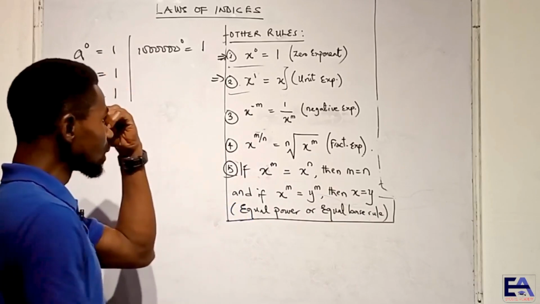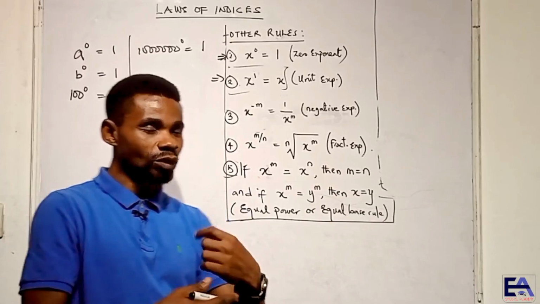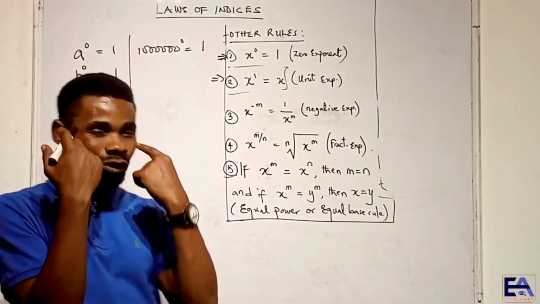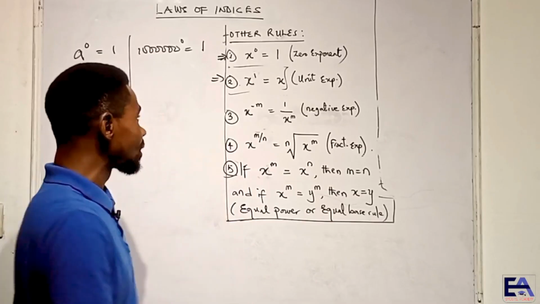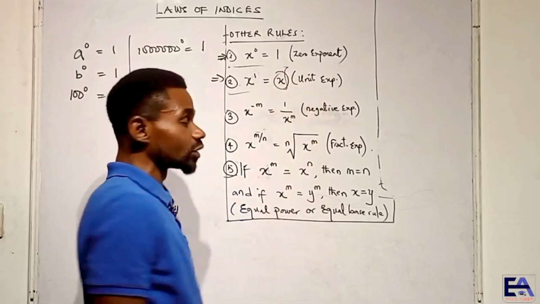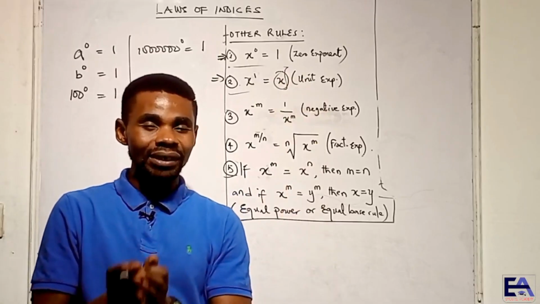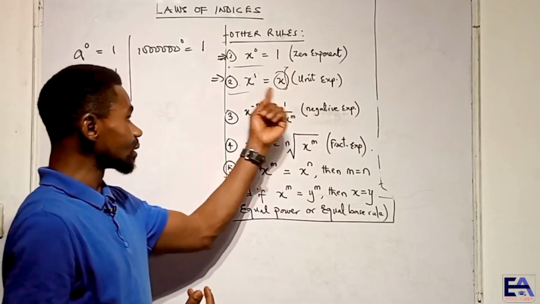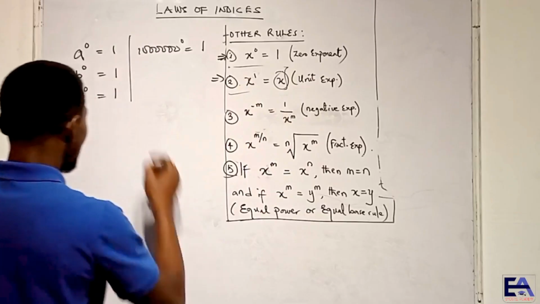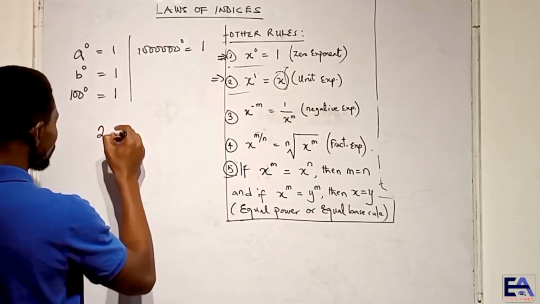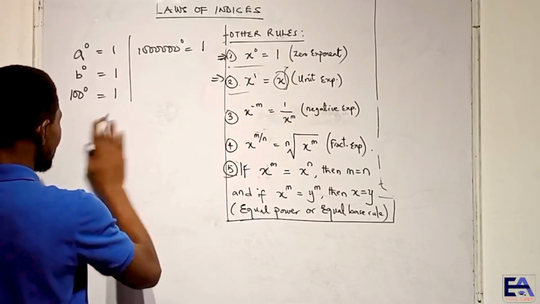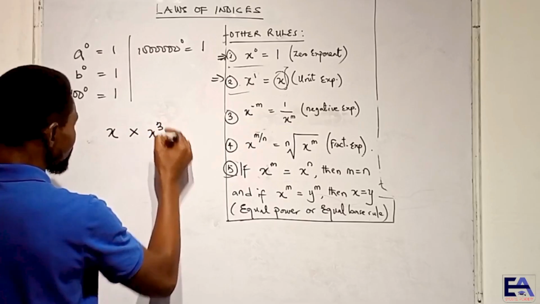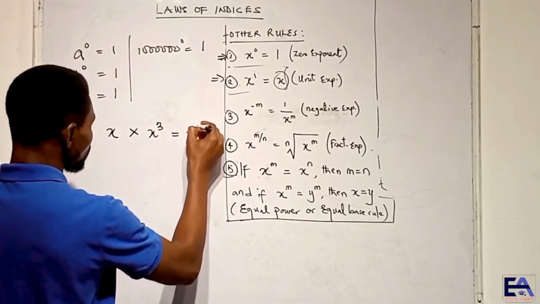But the most applicable part of it in mathematics is the general knowledge of the fact that when something is just there, and it's not carrying any power, you should know at the back of your mind that it is raised to power 1. And so if I say something like x multiplied by x raised to power 3, the answer is x raised to power 4.